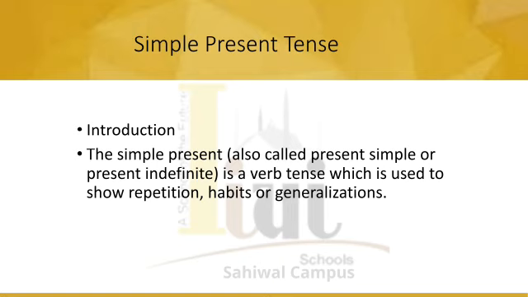For habits, for example, she drinks tea at breakfast. It's a habit. Or generalizations. A generalization is when you make a statement about all or most of the people or things. For example, birds have wings, cat drinks milk. These are generalizations.